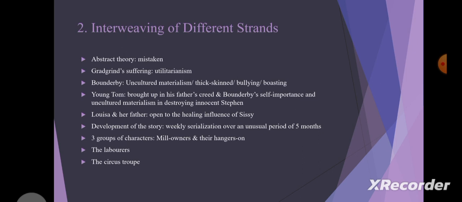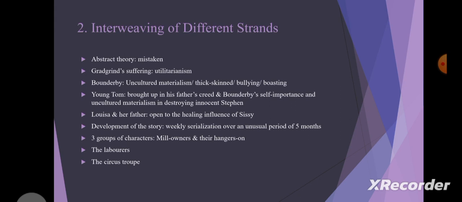So the Victorian age was not paying any attention to the emotions, feelings and passions of people. Instead, it was mainly concerned with finances or economic progress and development. Gradgrind must suffer the consequences of his way of life, because it has been brought up along utilitarian lines.